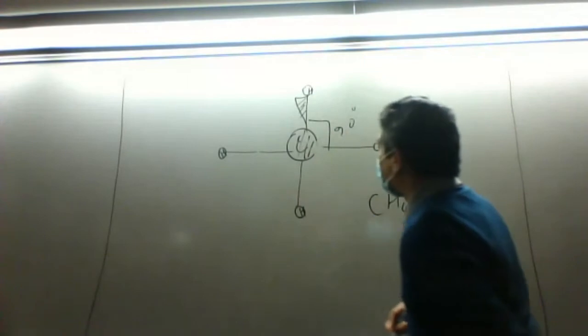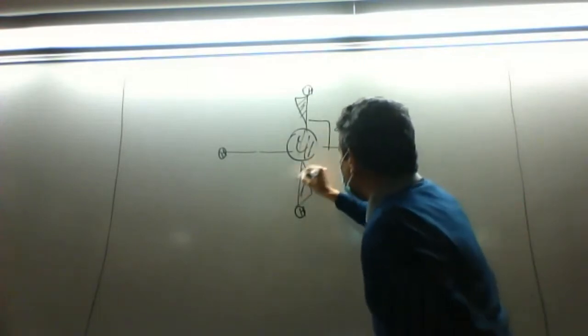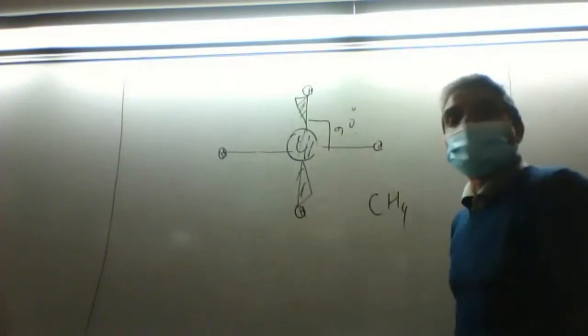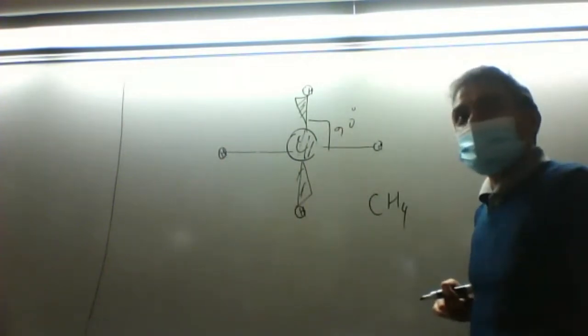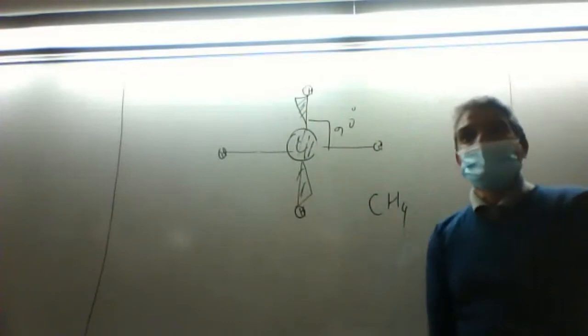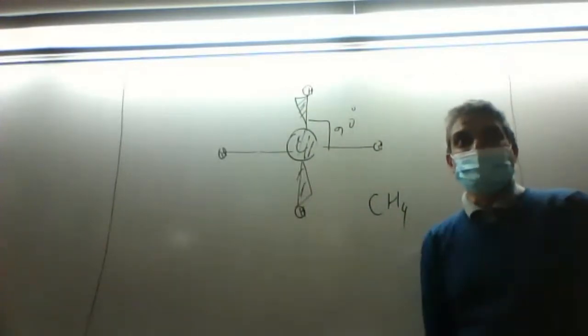Sometimes they write like this. So that's going away from the board, and these two are coming. That's the wedge formula. Think that these two are coming toward me, these two are going away from me, and this is in the board, just like how I hold this marker, right?